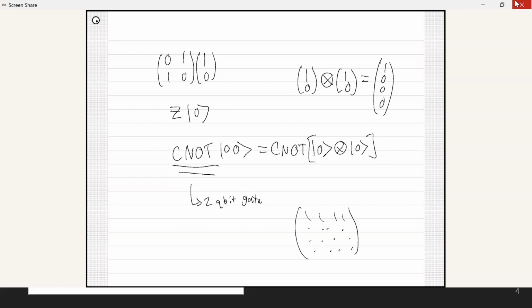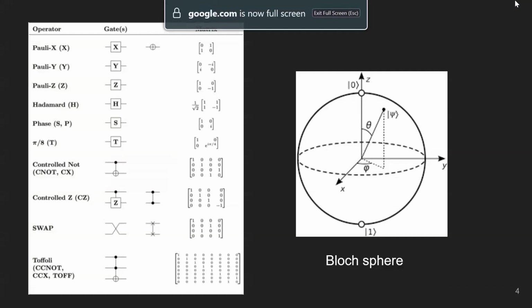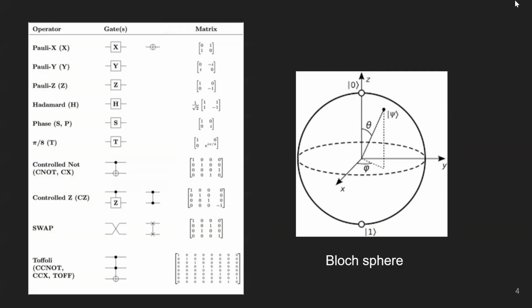Does that kind of make sense? So basically, depending on how many entries or dimensions are in your matrix, you have to have a matching state vector.